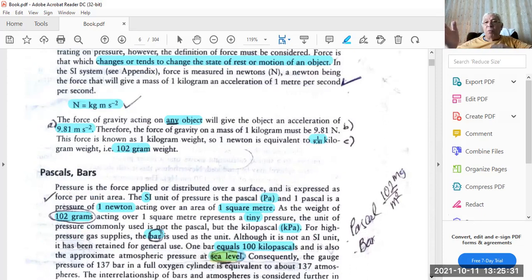If we want to express force by Newton, we can express it as weight, which will be represented by 102 over the surface area, which is square meter. So whenever I apply such an equation, we find the pressure will be very small. This is why we use kilopascal instead.